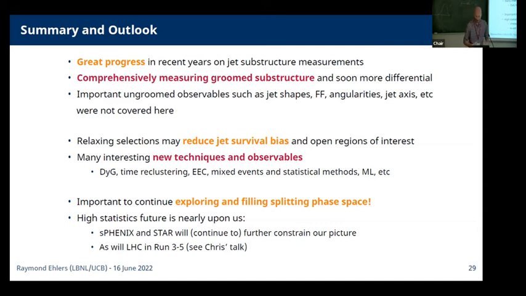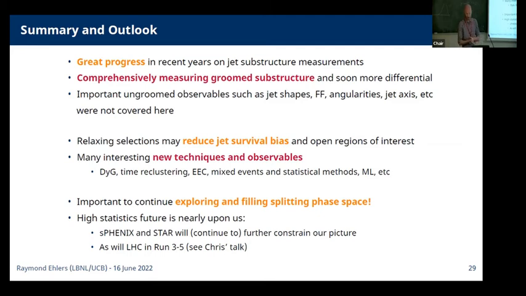I will point out, of course, there are many important ungroomed observables that I didn't cover here. There's just too much to talk about, but it's important not to forget about these pieces as well.